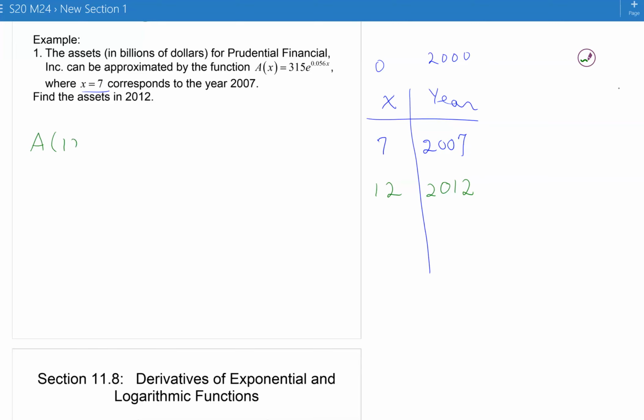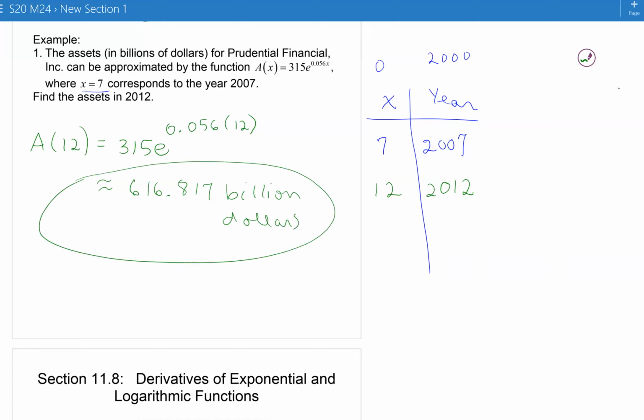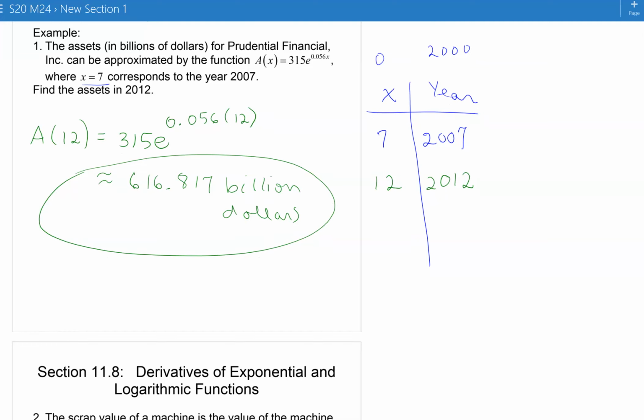So using proper function notation, I'm going to say a of 12. Everywhere I see an x, I'm going to put a 12. And I just want to make sure that you can operate your calculator correctly. So let's see what we get. I'm getting about 616.817, and this is in billions of dollars. So make sure you can get that number with your calculator.